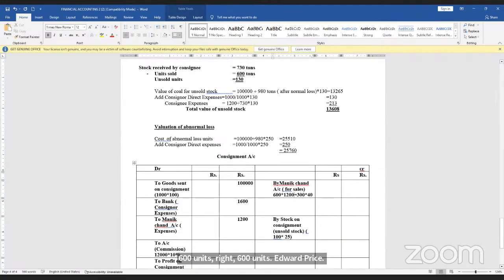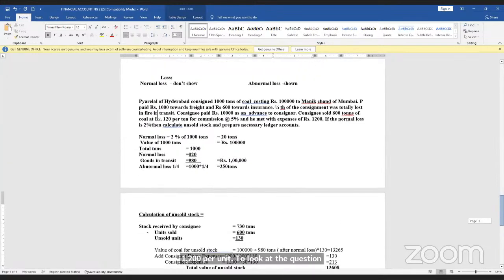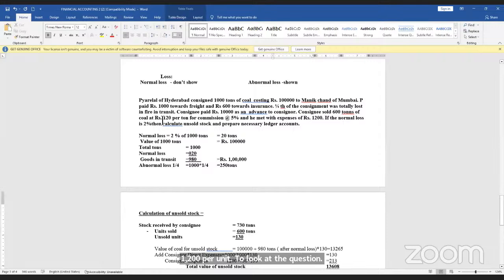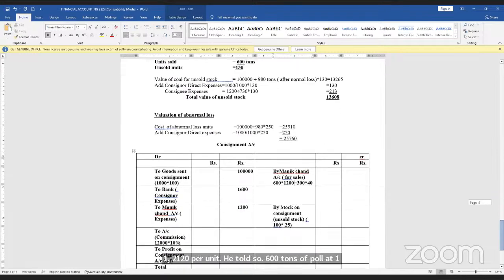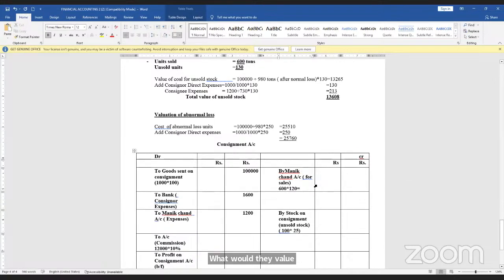So look at the question. He told 600 tons of coal at 120 per ton. So 600 into 120. What would be the value? He sold 600 units into 120.